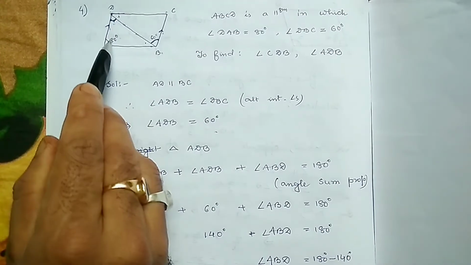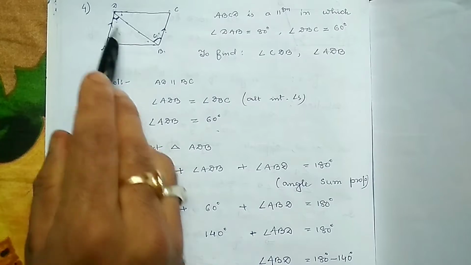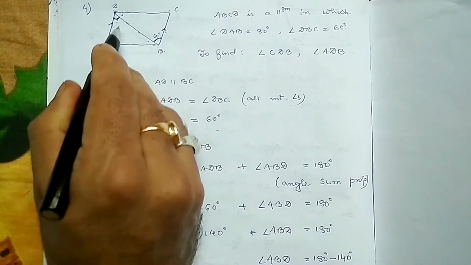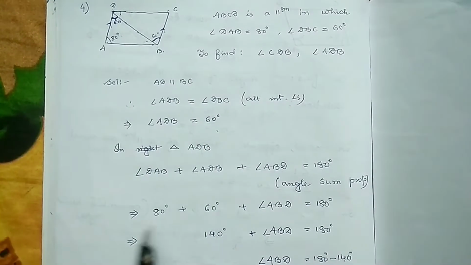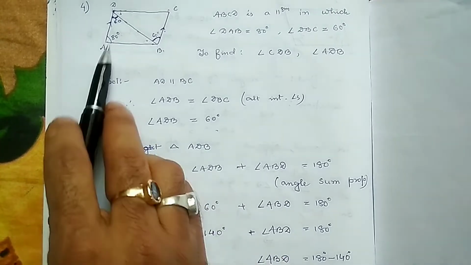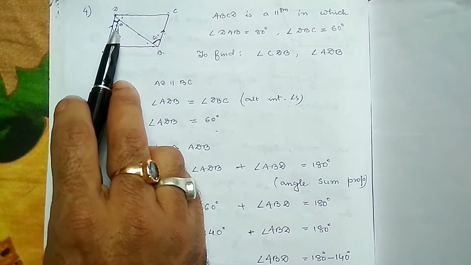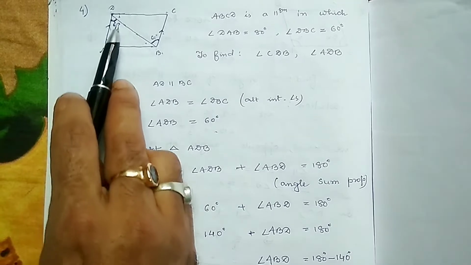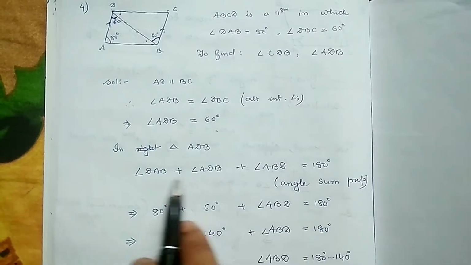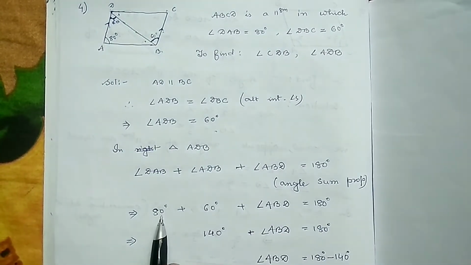Clear? Sum of these three will be 180. And already we got this is 60. So in this triangle ADB, 80 plus 60 plus angle ABD, sum of these three will be 180. So instead of angle DAB, we will write 80.